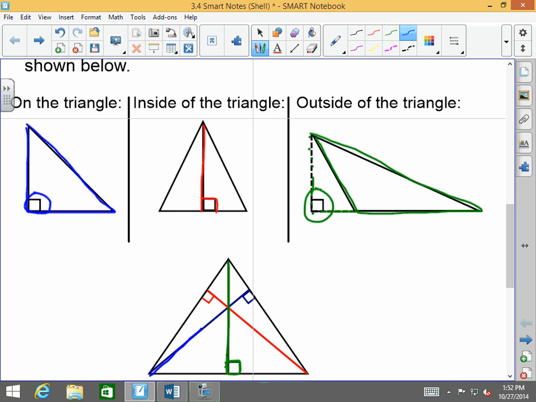The blue altitude creates a 90 with its opposite side. This red altitude creates a 90 with its opposite side. Does that make sense? So medians come from any vertex and they cut the opposite side in half. An altitude comes from any vertex and it creates a perpendicular angle with its opposite side.